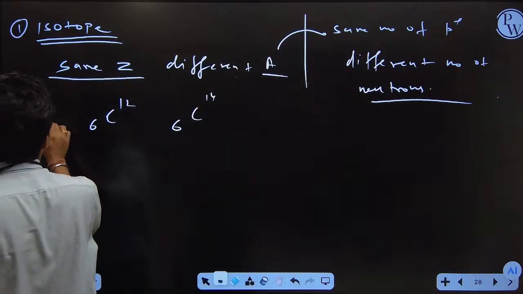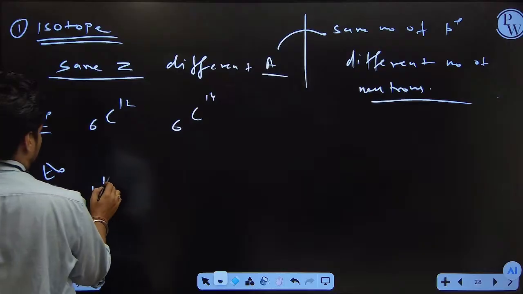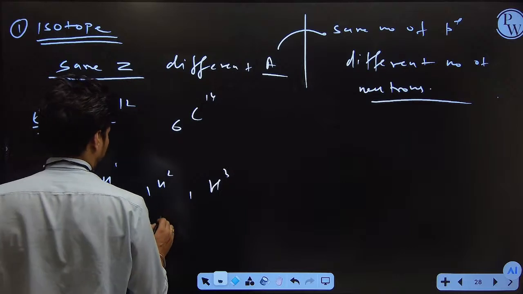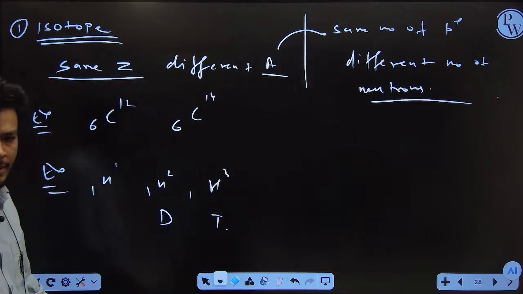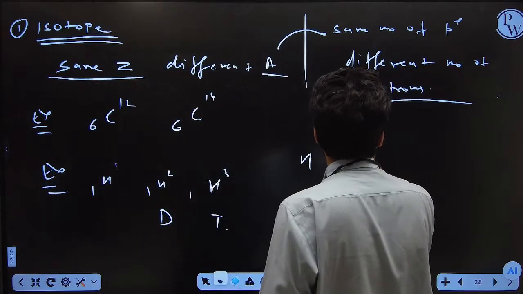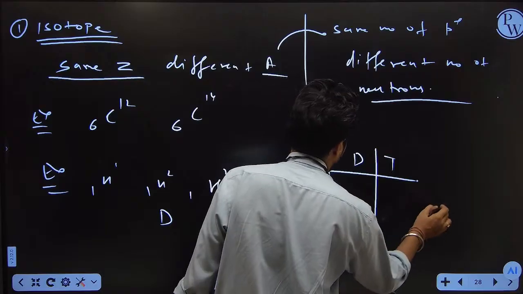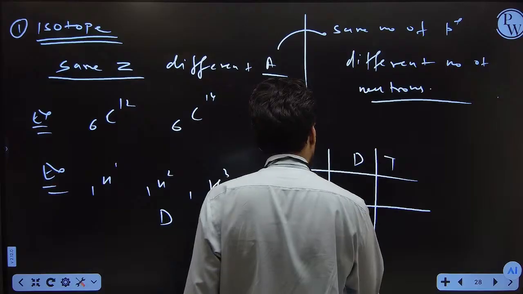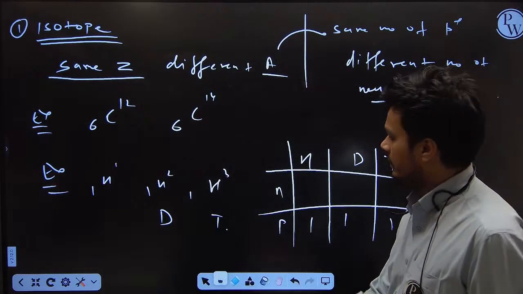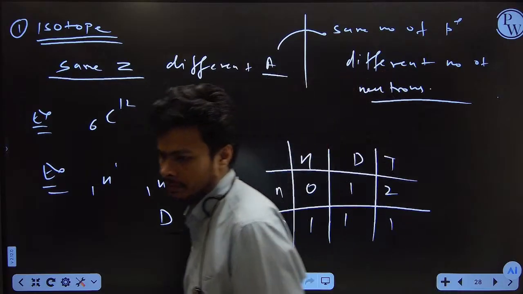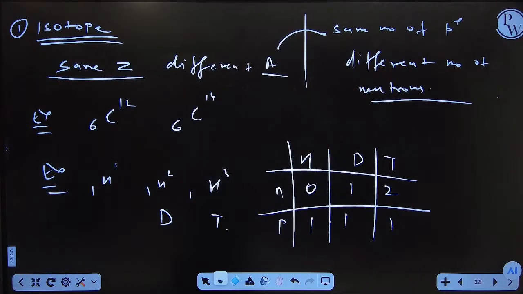Another example I can take is 1H1, 1H2, 1H3, or you can write this D, you can write this T. So H, D, T: number of neutrons, number of protons. How many protons in all three? 1, 1, 1. How many neutrons? 0, 1, 2. Clear?